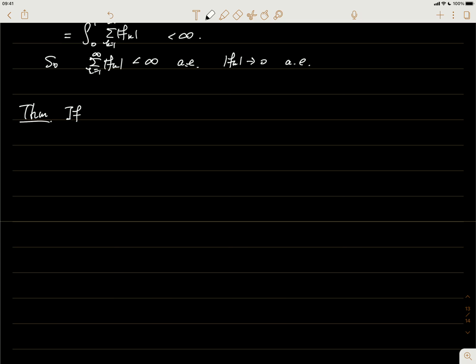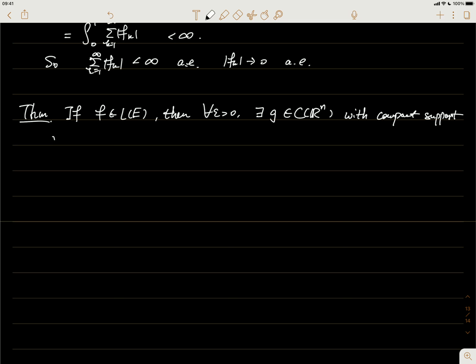Now again, suppose that we have an integrable function f. Then for any positive epsilon, there exists a continuous function g, and most importantly, it has compact support, such that the integral of their difference is less than epsilon.